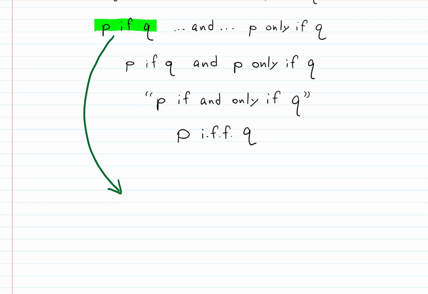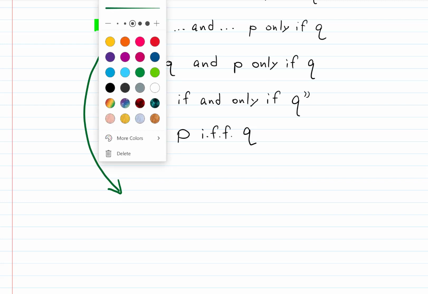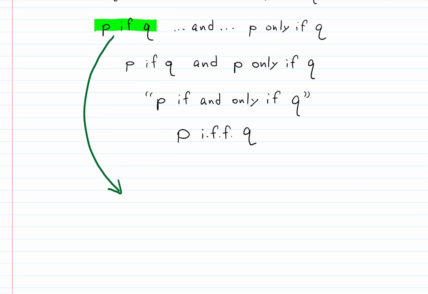So we say P is a necessary condition for Q. Okay, that's this.